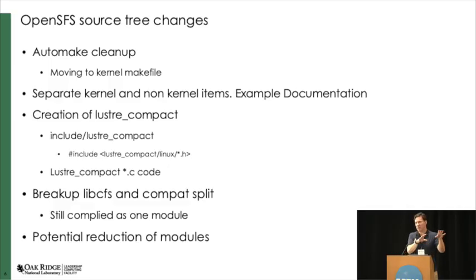We've now made them mirror the kernel tree, so that when we download the tree and want to build this backwards compatible module code to support older kernels, you just take the headers and expand them into the Lustre compat directory, and it'll actually build. So it's very minimal changes to support this. And if you look in this Lustre compat directory, you'll see lots of .c files that mirror the Linux kernel tree. So that's all the compatibility code for older kernels.